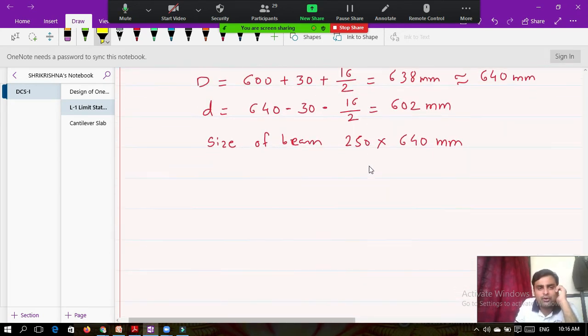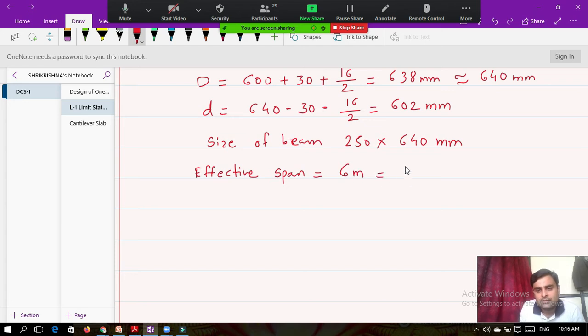So the span of the beam which is given to us, I will write here, the effective span, is equal to 6 meter, which is nothing but 6000 mm. So the effective span is also given to us.